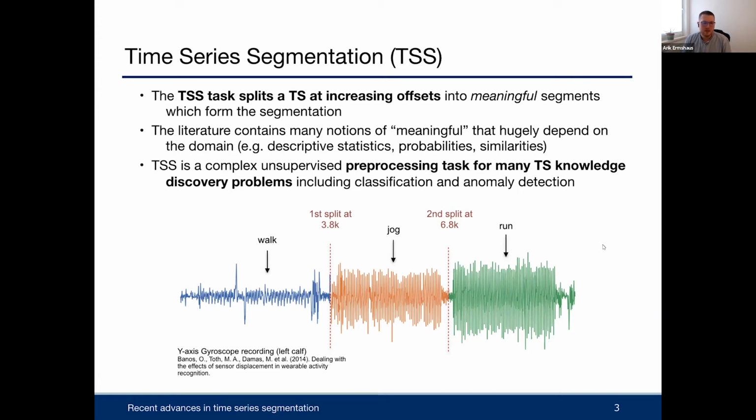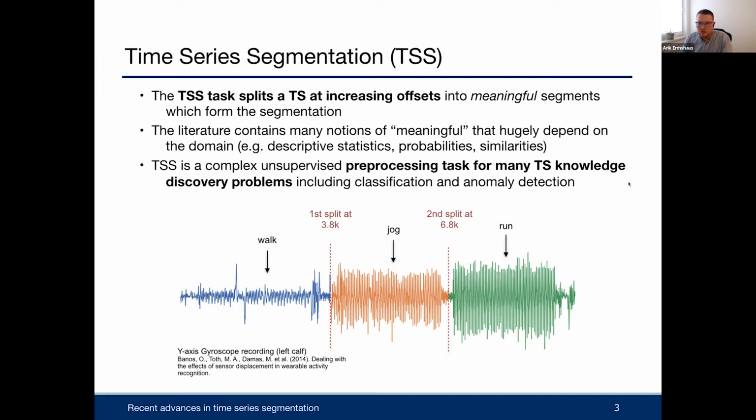So it may be a mean shift, it may be different variances, it may be different probabilities, it may be different similarities in the segments that define why this first segment is homogeneous and why it's meaningful compared to this other one. And this also gives us the predictive power to predict this one segment and tell it apart from the other segment.